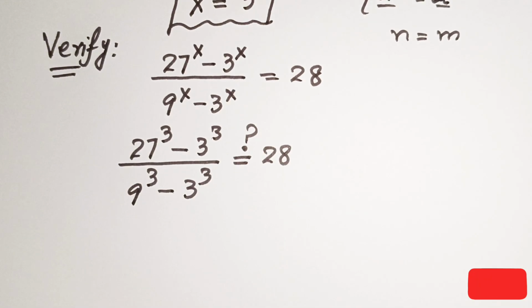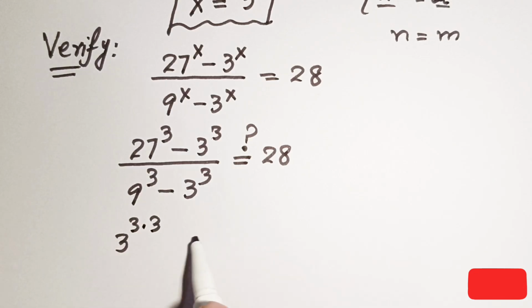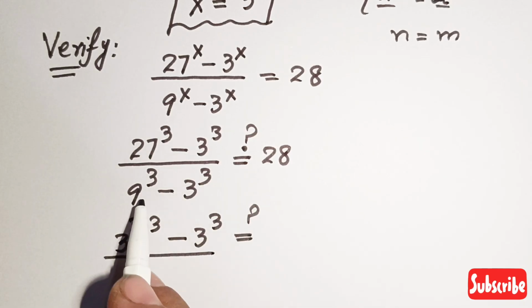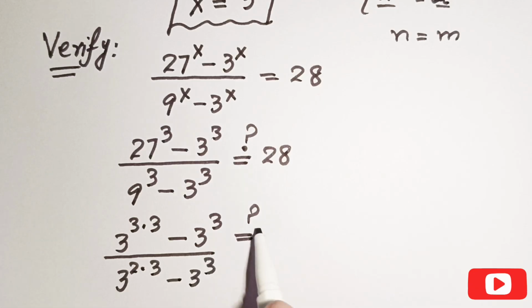Now 27 cubed can also be written as 3 cubed cubed, and here we have 3, so (3^3)^3 minus 3 cubed, all over 9 can be written as (3^2)^3 minus 3 cubed. Is it equal to 28?